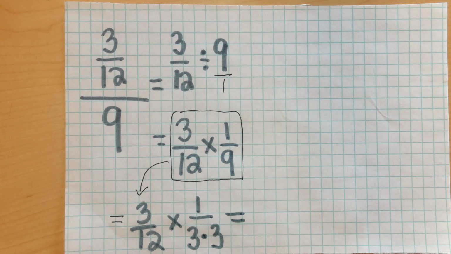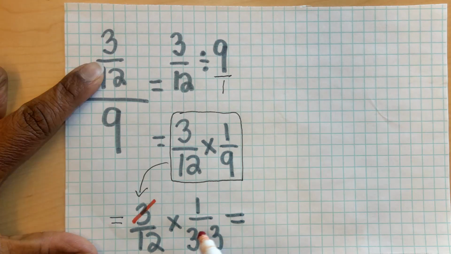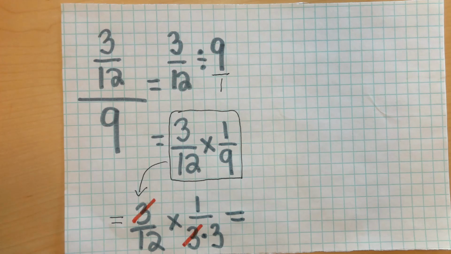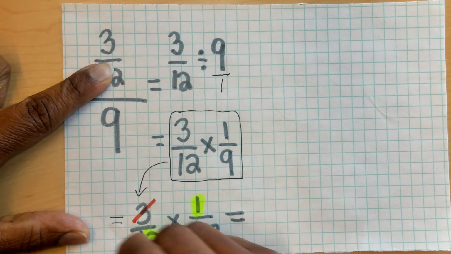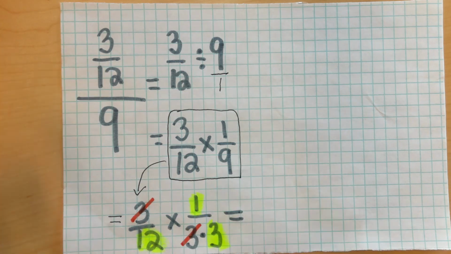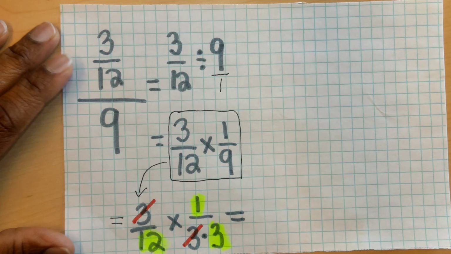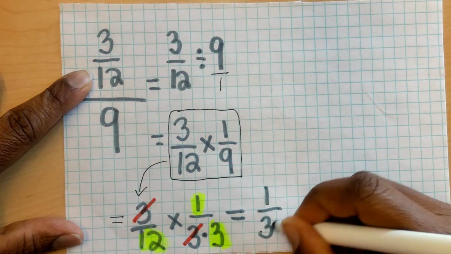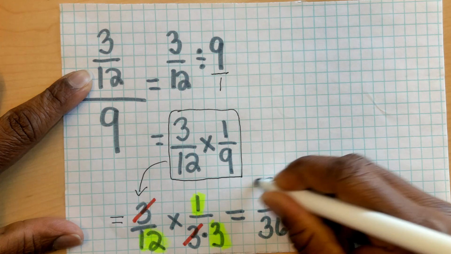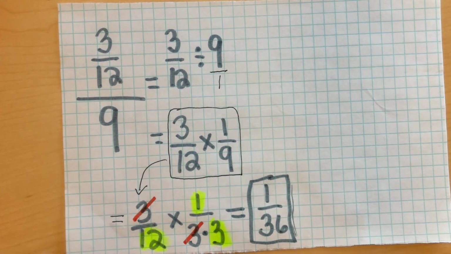I look for ways that I can make groups of 1. 3 divided by 3 is 1. In my numerator, I am left with 1, and in my denominator, I am left with 1 with 12 times 3. Final answer will be 1 over 12 times 3, which is 36. That is my final answer.